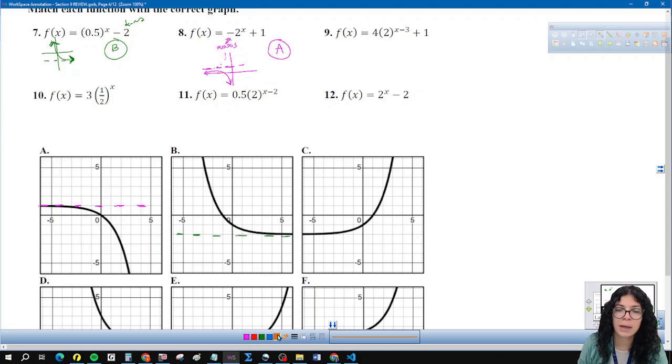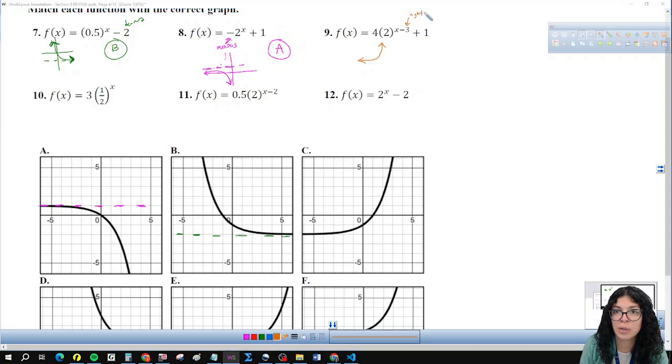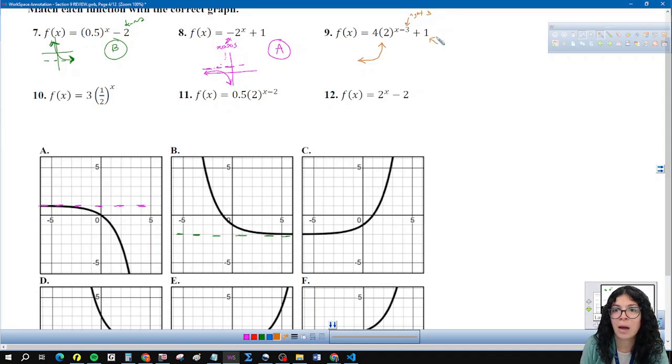Okay, next up, number 9. So on number 9, this is a growth, and there is no reflection, so it will stay as a growth graph. However, it is shifted to the right 3 units and up 1 unit.